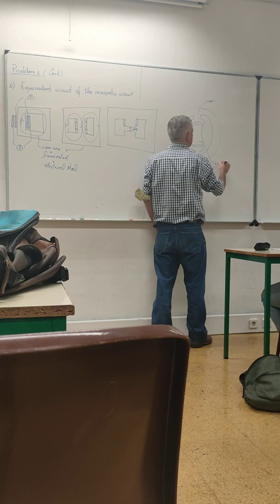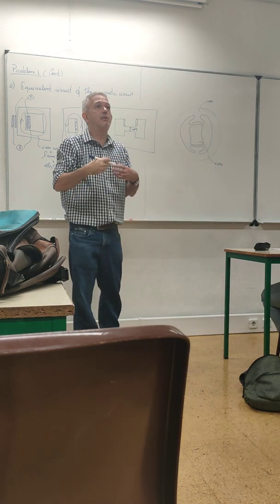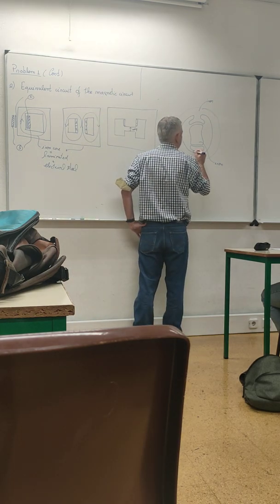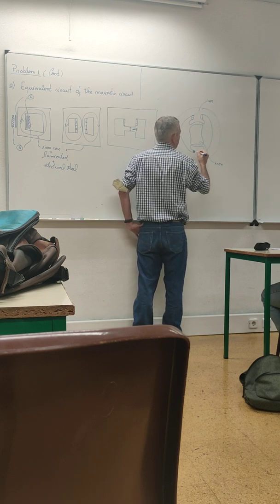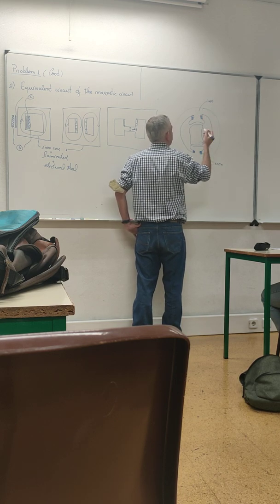Iron. Of course, it's not pure iron. Iron is called electrical steel lamination. Okay. A coil here. Another one. Yeah, let's put it like that. It is a general one. After, the person can select the direction.